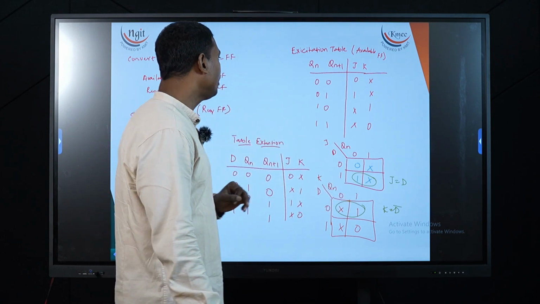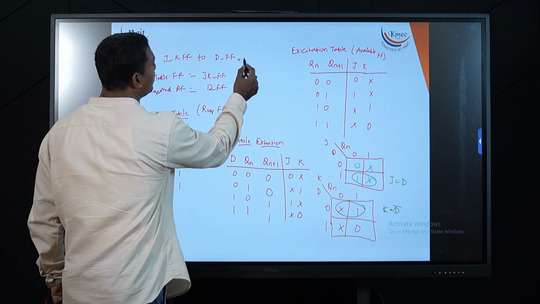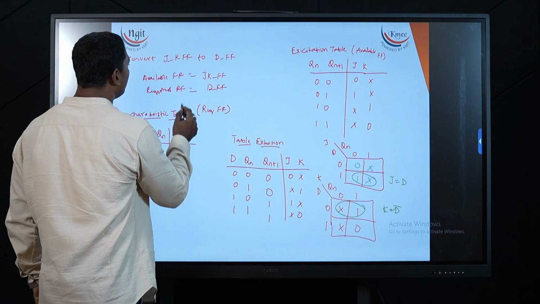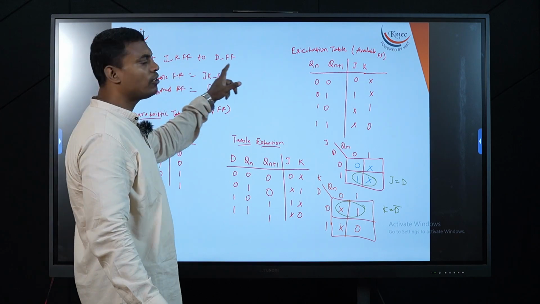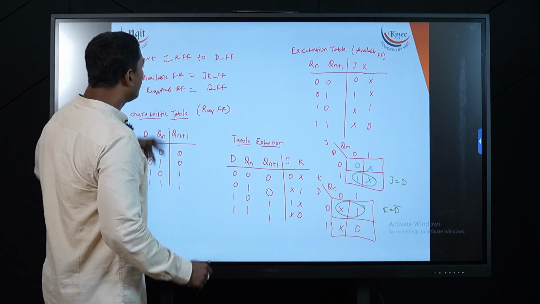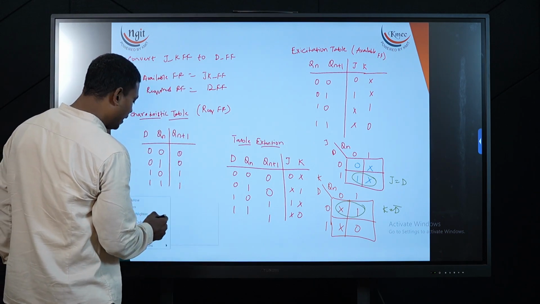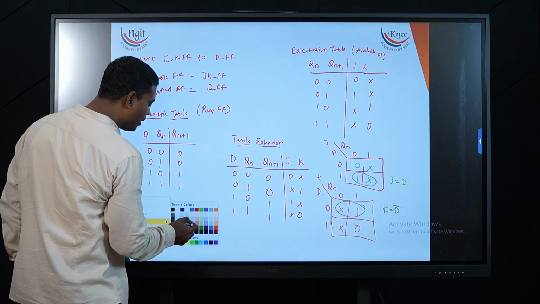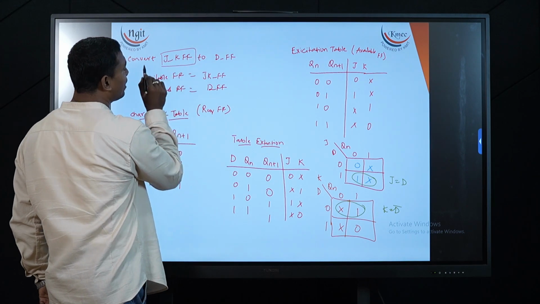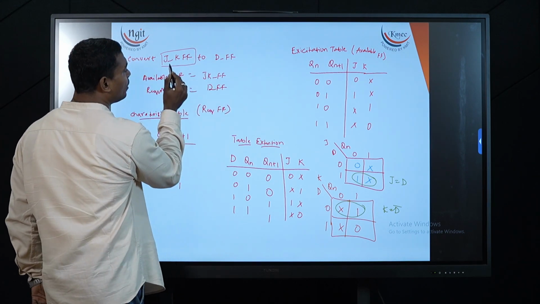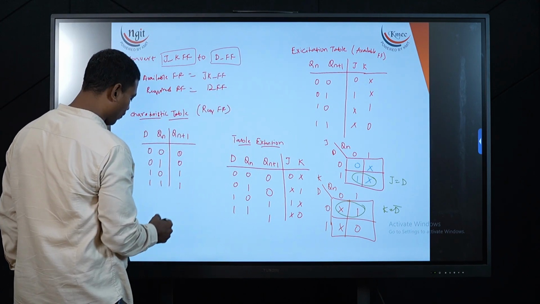Let us see an example here. I want to convert a JK flip-flop to a D flip-flop. Now, with the help of the question itself, I can tell that my available flip-flop is the JK flip-flop and the required flip-flop is the D flip-flop, right?